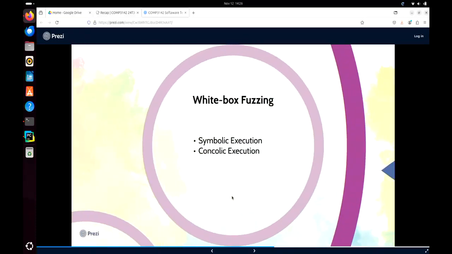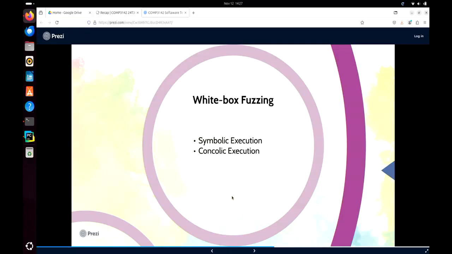And white box fuzzing is often referred to as symbolic execution. Symbolic execution suffers from the problem of path explosion, because we are trying to cover every path of the program by solving the constraints we have collected along the path using some constraint SMT solvers.